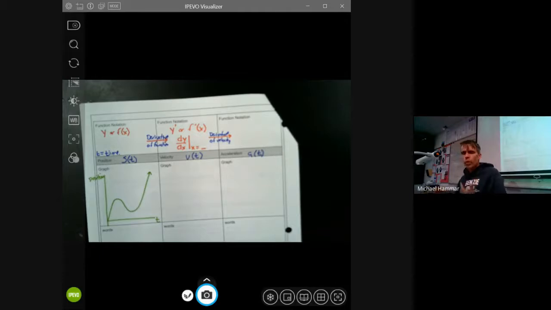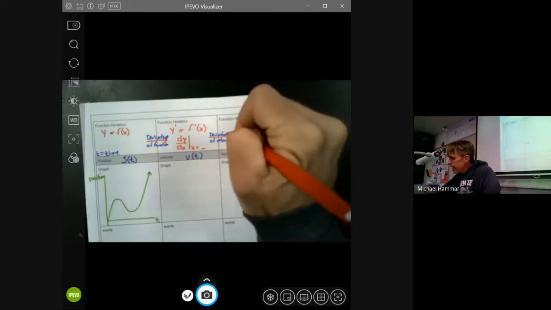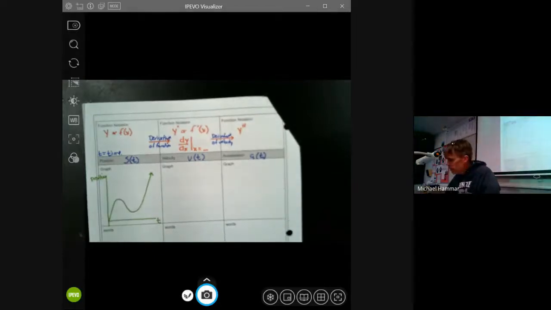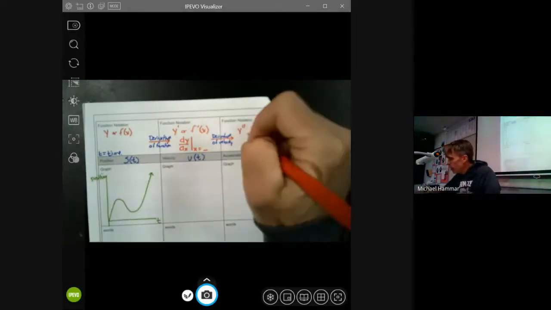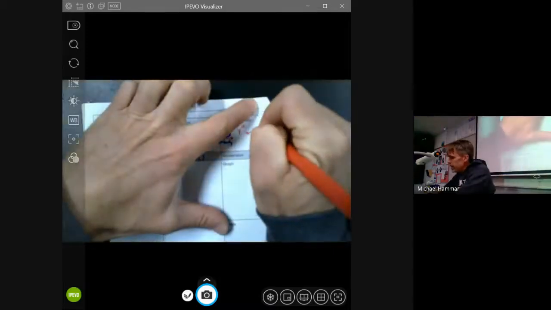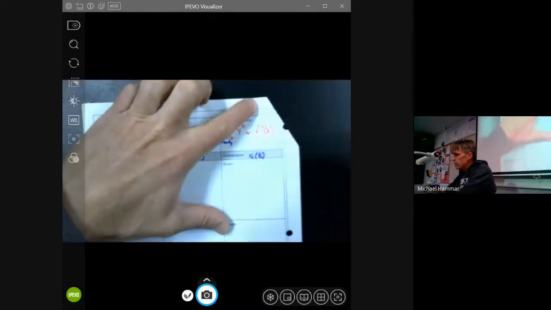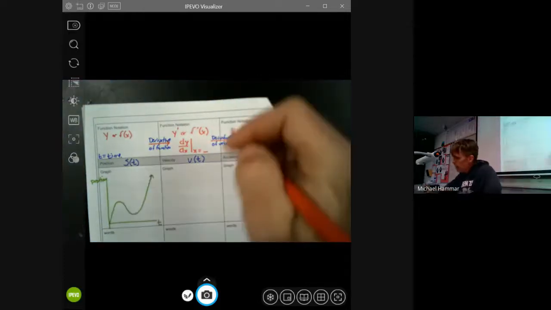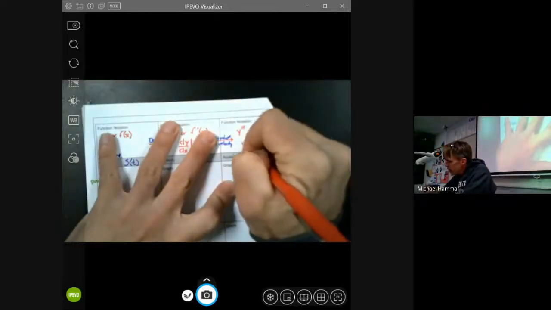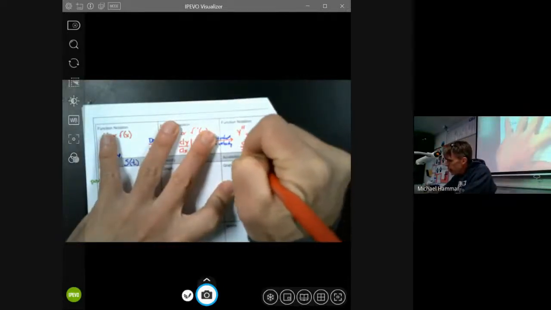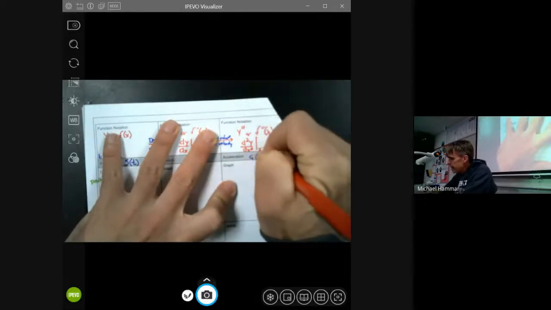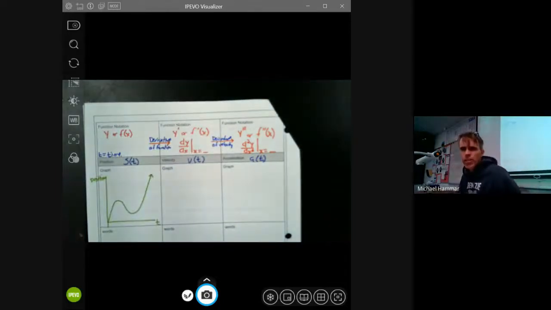Okay? So what it is, is actually the second derivative of the original function. So we do y double prime. Or it is the second derivative, so it's f double prime of x. Or it is d2y/dx squared. That means to take the derivative at x equals some number. So it's going to be one of those three things that we will see.